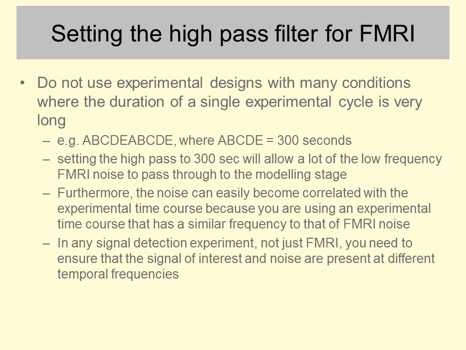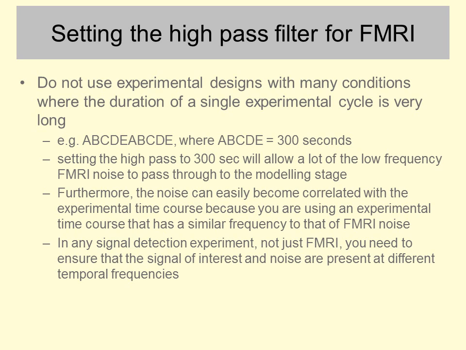Once you've got low-frequency noise in the data that you model, it's very easy for that noise to become correlated with the experimental time course, because the experimental time course is periodic like a sine wave, and often the noise is a bit periodic like a sine wave as well. So therefore they could easily become correlated in time, and the low frequency noise can then appear as a kind of fake activation related to your experimental time course.